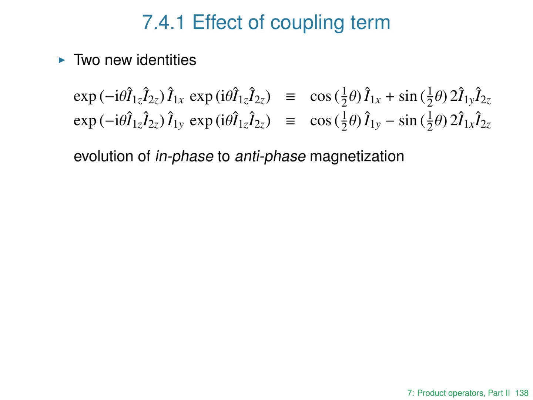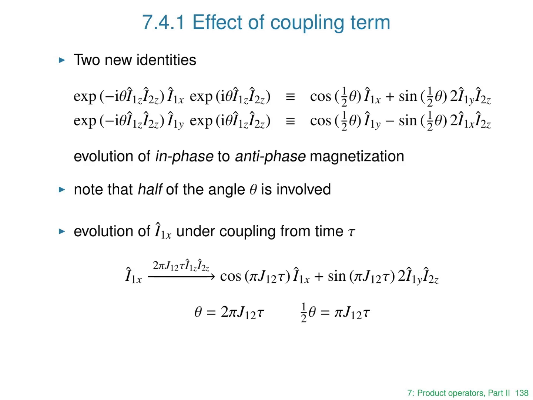And that is the crucial thing in this theory about what coupling does. It interchanges these two in-phase and anti-phase terms. Notice though that the angle appears with a half in there, and that turns out to be important. The angle is not cos theta like we had before, it's cos theta over 2.